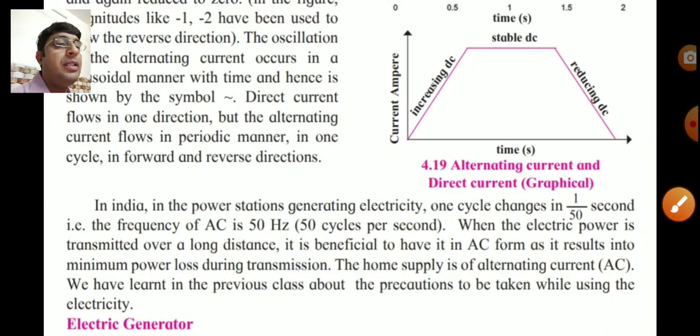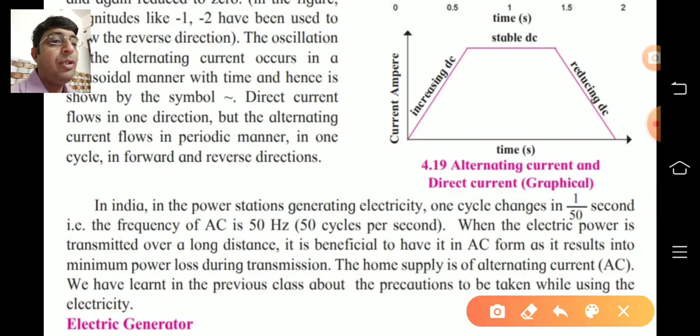Home supply is alternating current. So the electricity used at home, what type of electricity is that? That is alternating type of current. We have learned in the previous class about the precautions. Precautions taken, yes or no? Precautions taken while using electricity.